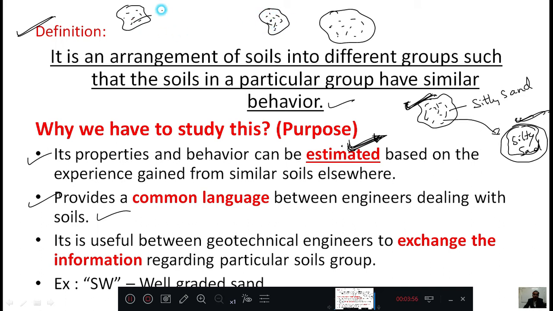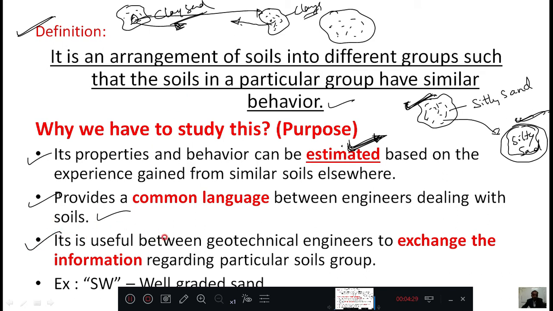If this soil is a clay sand and that soil is also a clay sand, then I can transfer my experience, my wrongs and rights, to that person, and he can implement that, or otherwise he can share that with us without bringing that soil to India. Just by seeing the name of the soil, I can share some guidelines, or some hints, or some wrongs and rights that I can convey. Therefore this classification becomes a common language between the two engineers.